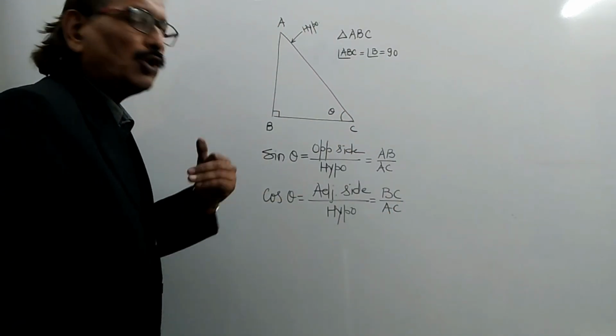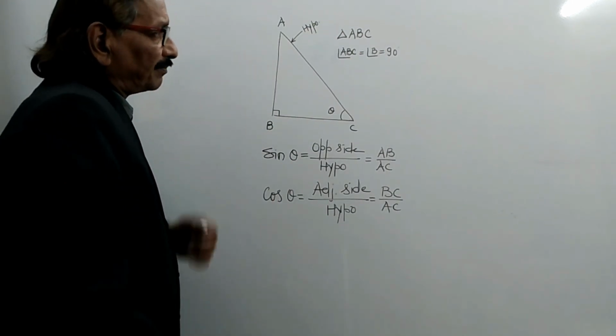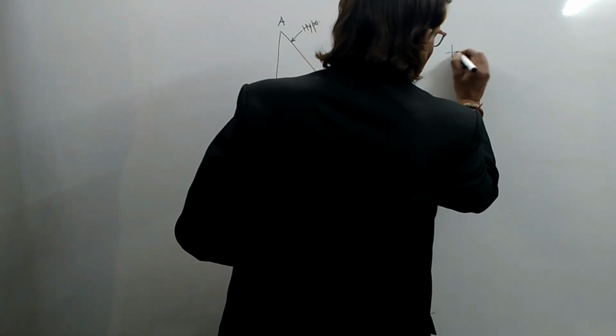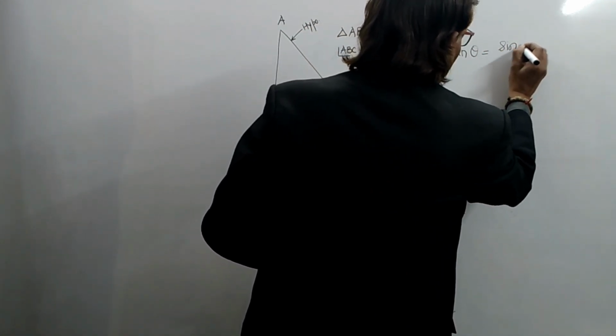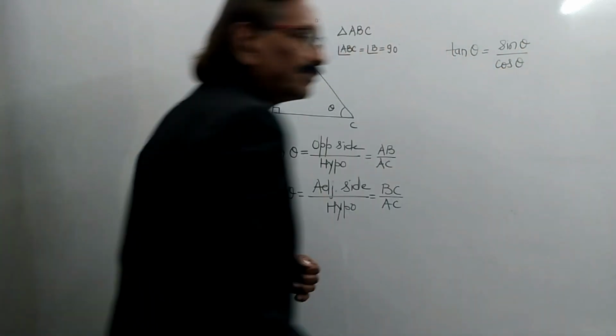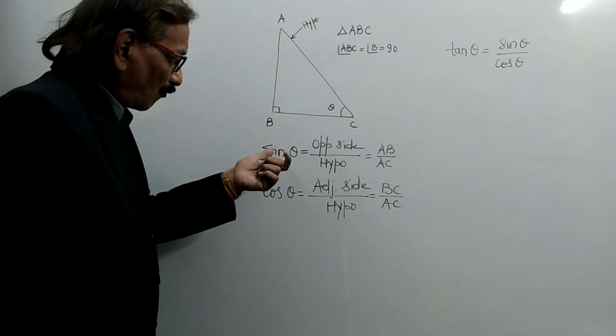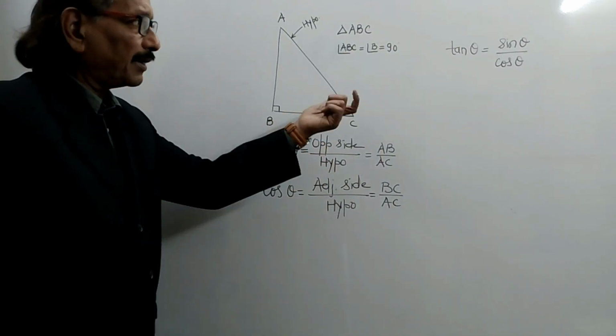The next ratio that we will be discussing is tan theta. Now here, tan theta can be written as sin theta upon cos theta. One side we have sin theta is equal to opposite upon hypotenuse, we can replace it.